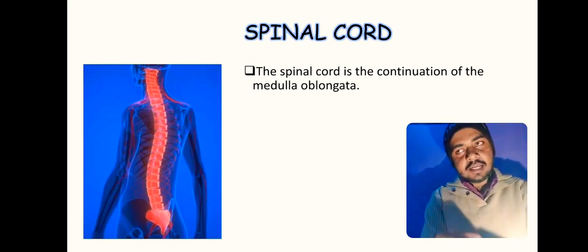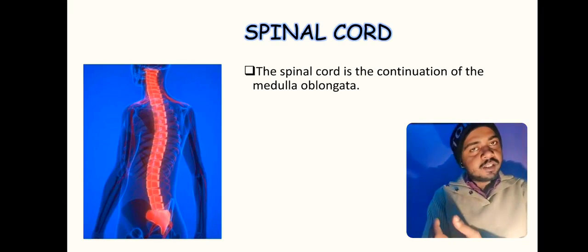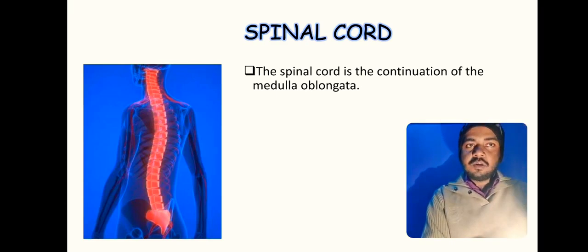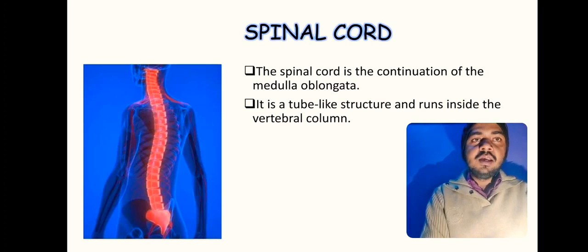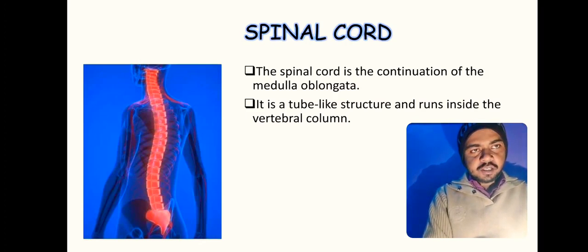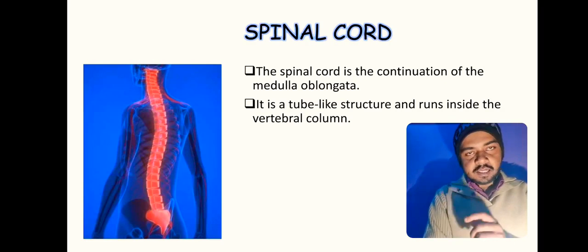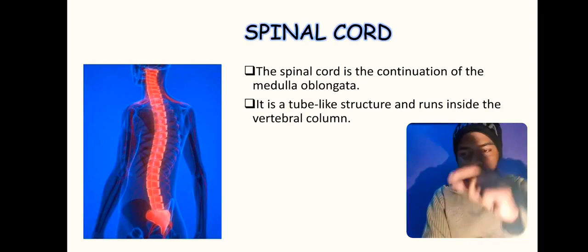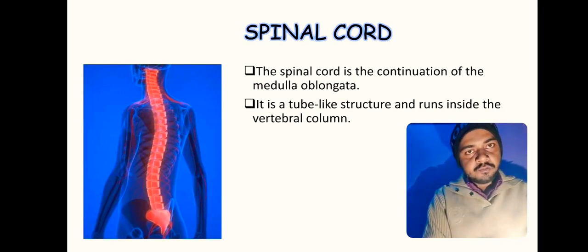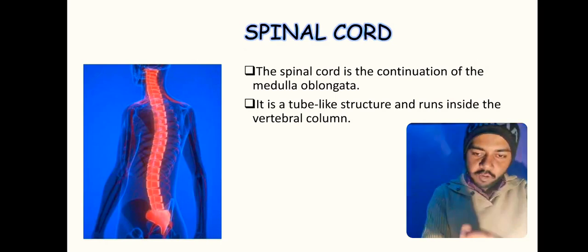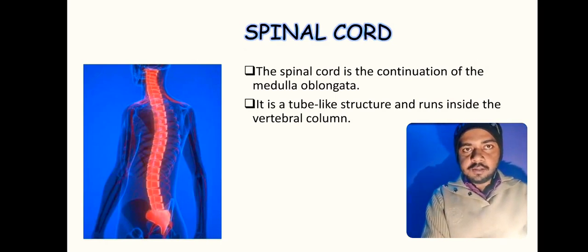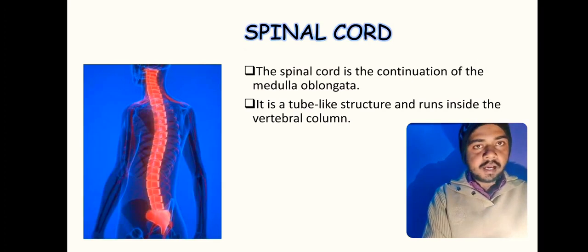As we have discussed, it is the beginning of the spinal cord, since the spinal cord is the continuation of the medulla oblongata, the brain stem. It is a tube-like structure and runs inside the vertebral column. Inside the vertebral column, there is a hole in each of the 33 vertebrae, and the spinal cord moves through all of those holes and is present on our back.